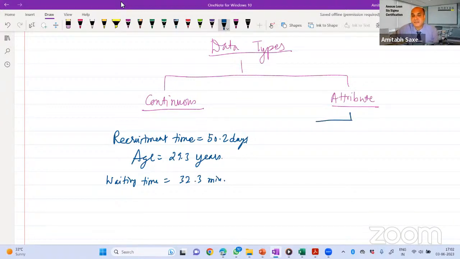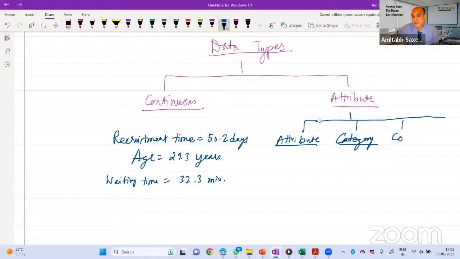Now, attribute data is something which we think we cannot measure. So what is the trick to measure? Just think of the attribute which you want to measure. What you think cannot be measured, just put that. Can you give me an example of something which you think is very difficult to measure? And I will give you the trick.